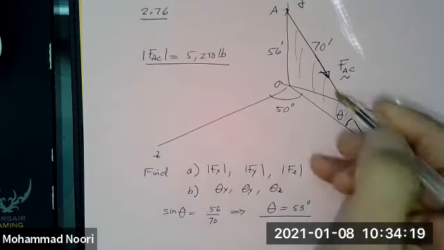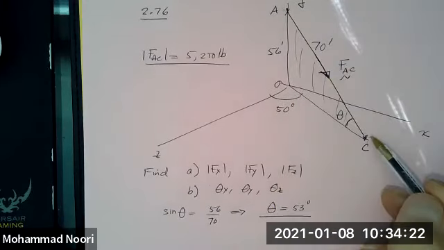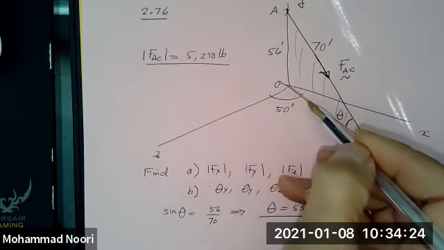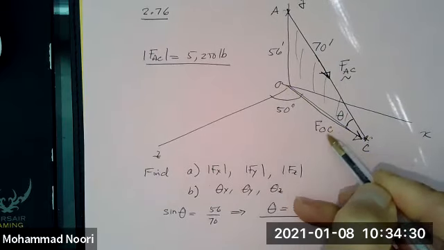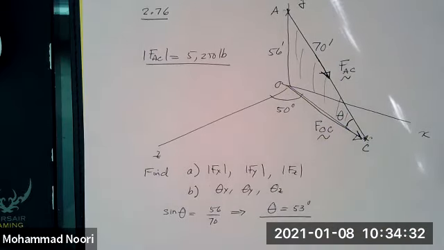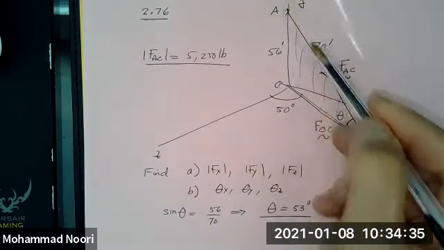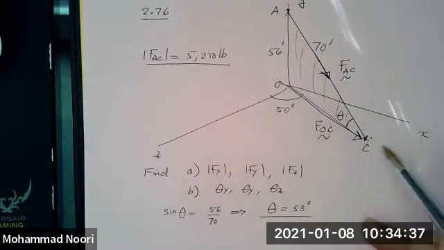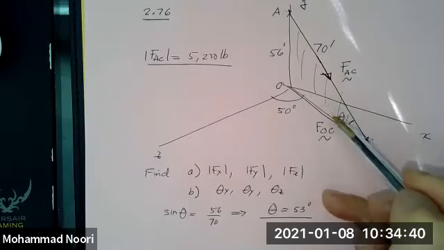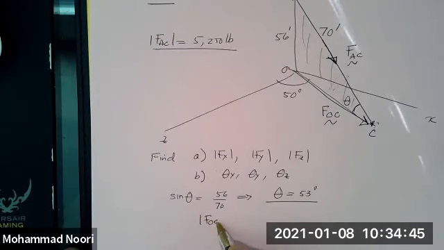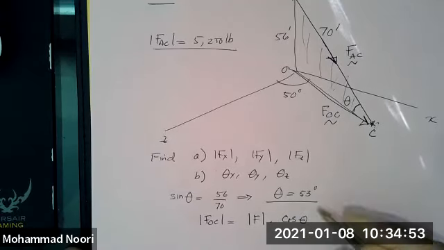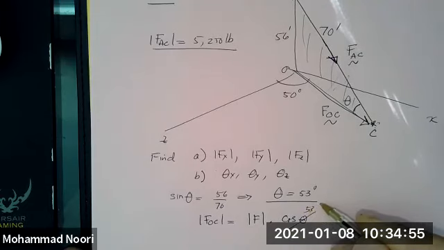So therefore, the projection of this force along xz, which I call F of OC, is the magnitude of F times the cosine of that angle theta, 53 degrees.